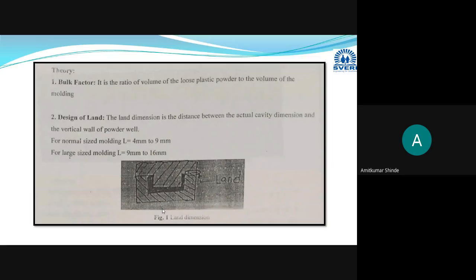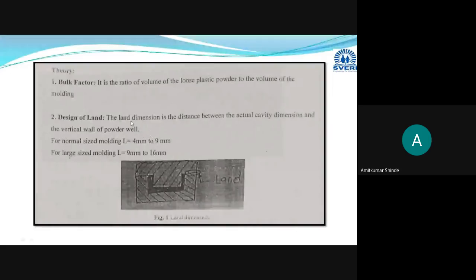Okay, now these are some design guidelines related to the design of the compression mold. I will take a review, and I will solve the problem. After that, this chapter will get finished.